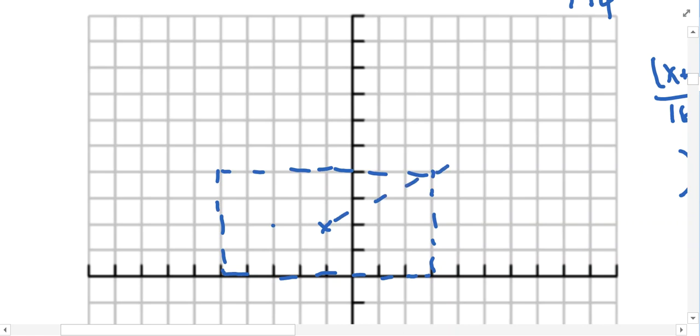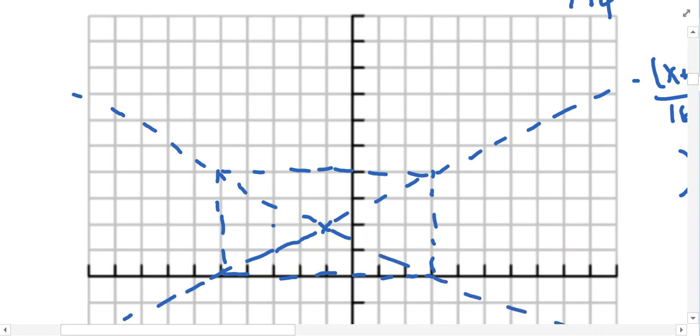Then I'm going to do my asymptotes as best as I can. If you have a ruler at home, it's awesome to use a ruler. And next thing I'm going to do is my 2 branches of my hyperbola.